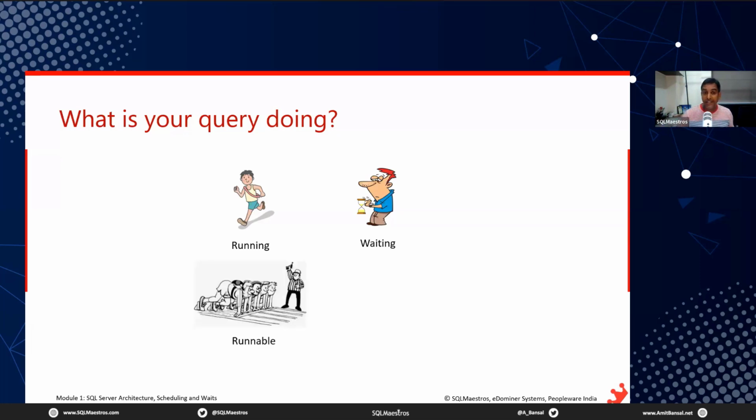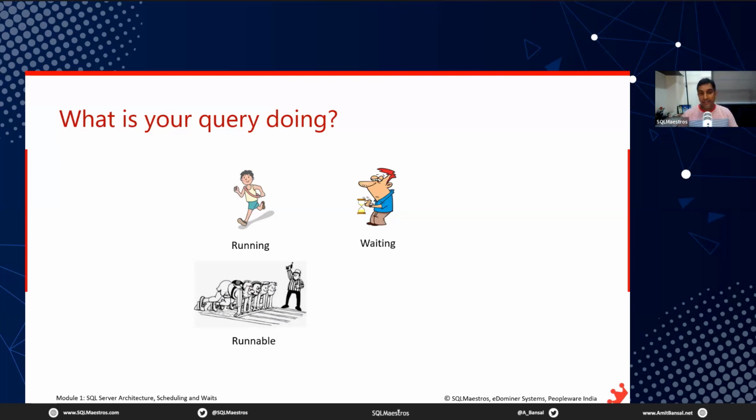But then there are more states, as I talked about, runnable. Let's say your query was waiting on some resource and it gets access to that resource and is ready to run, but it needs its turn on the CPU. In the real SQL Server world, hundreds and thousands of users connect to SQL Server, but your SQL Server has a limited number of processors.